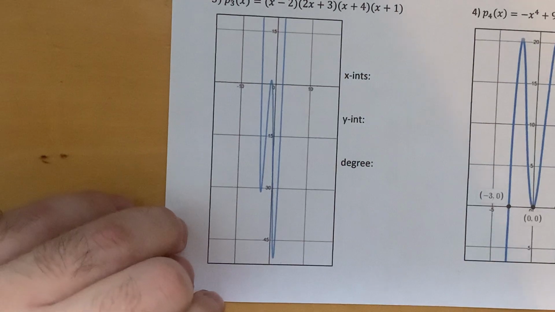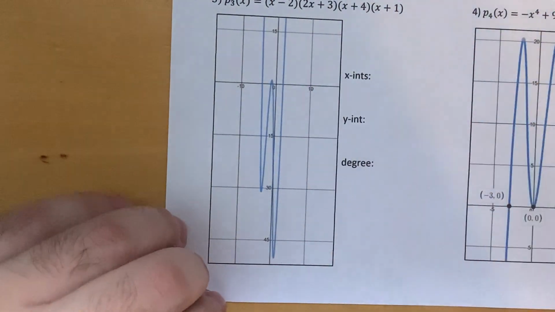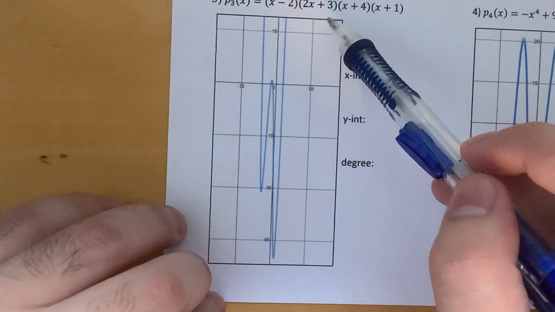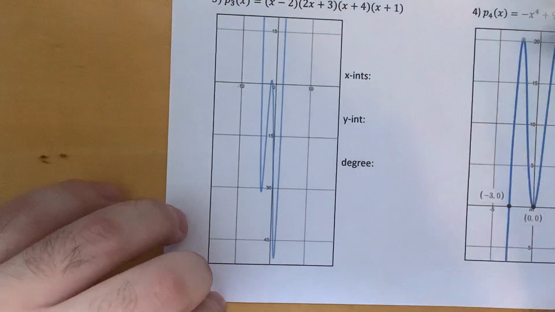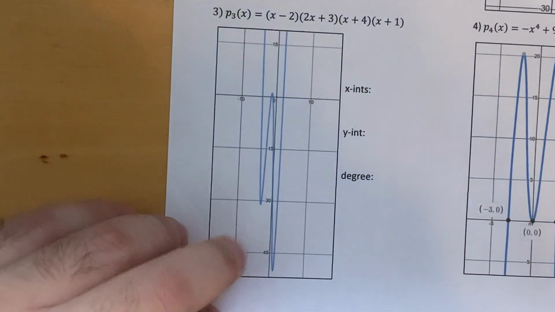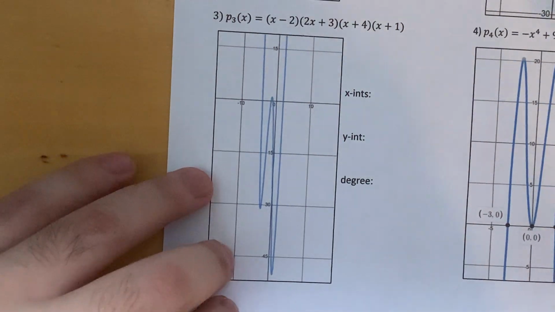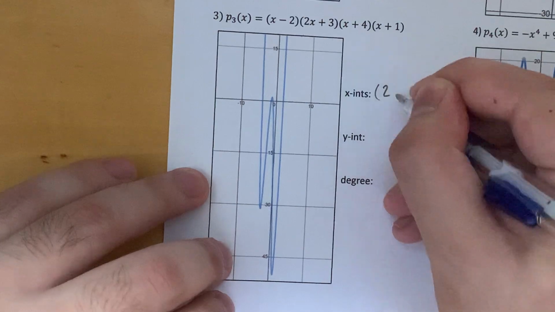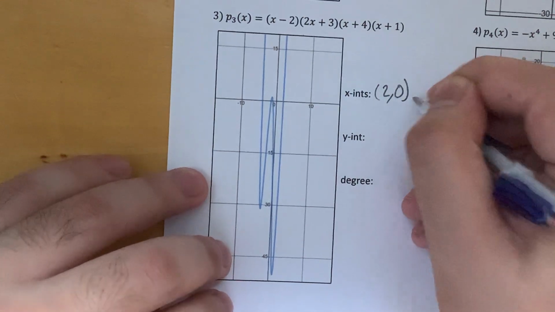So let's do the x-intercepts for this one. Do we need to worry about 2x plus 3? Can we still find a 0 for that? The answer is yes, we still can. So, x minus 2. To get a 0, I just need a 2, 0.